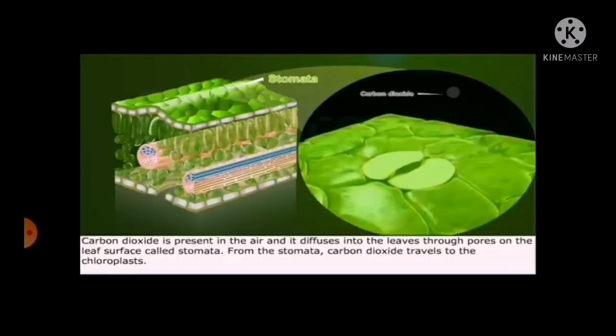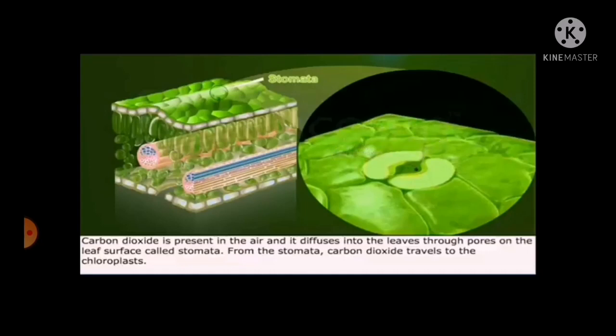Carbon dioxide is present in the air and it diffuses into the leaf through small pores on the surface of leaves. They are called stomata. From the stomata, carbon dioxide travels to the chloroplast. Can you see that?